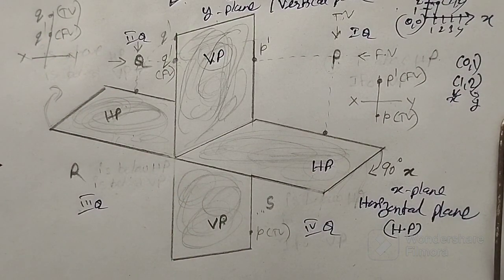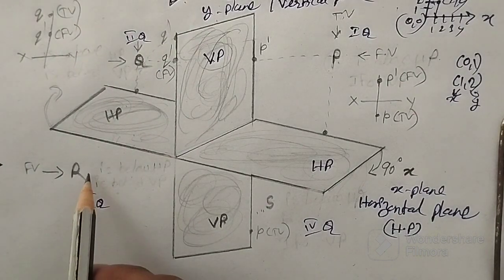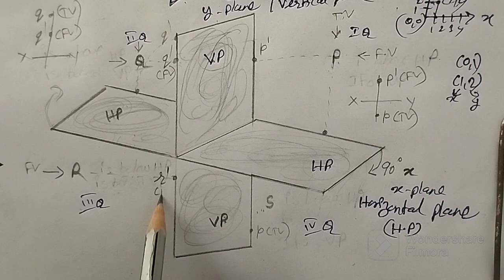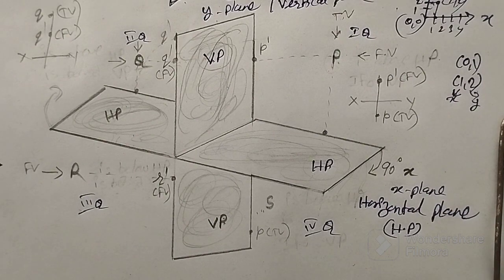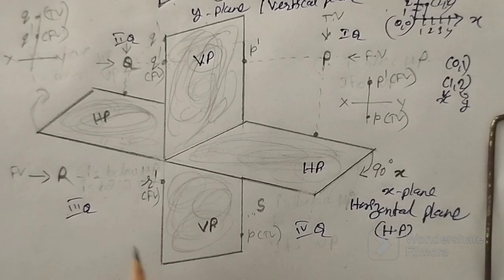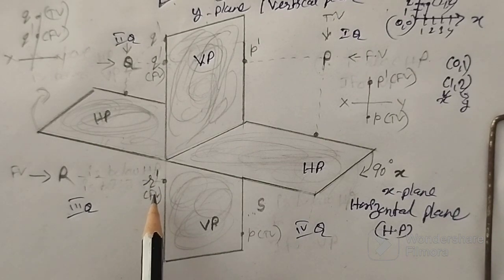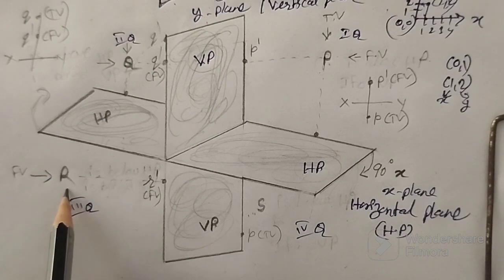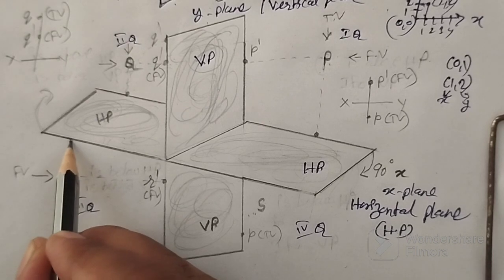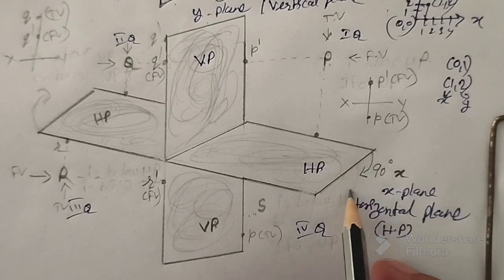Let us come to the third quadrant. Look at this R from front view. The image of this R has to fall somewhere here, right? R dash, that is front view. Since front view is here, now I should find its top view. This top view image has to fall here, R. But to convert into 2D, I told you have to rotate this to angle 90.